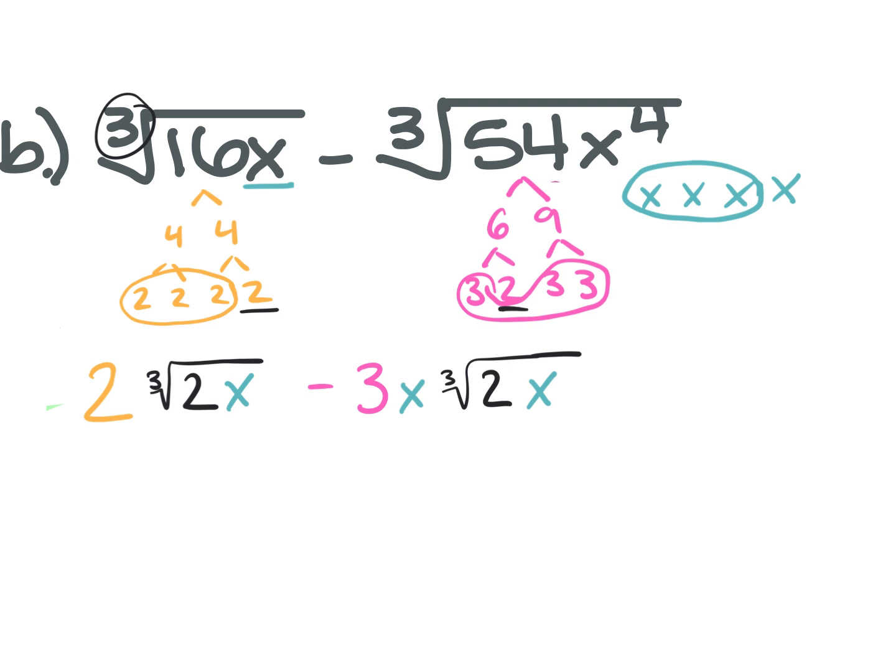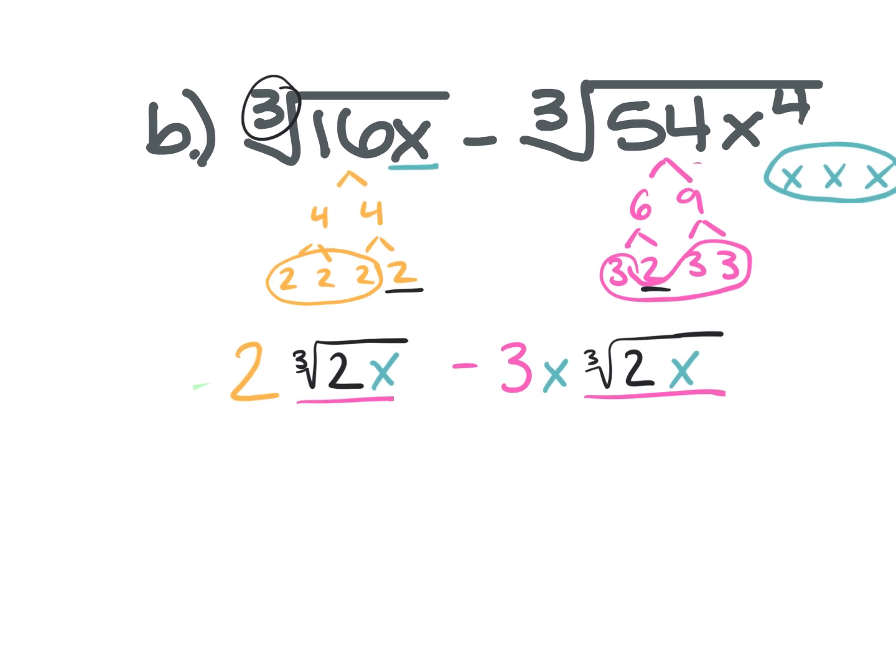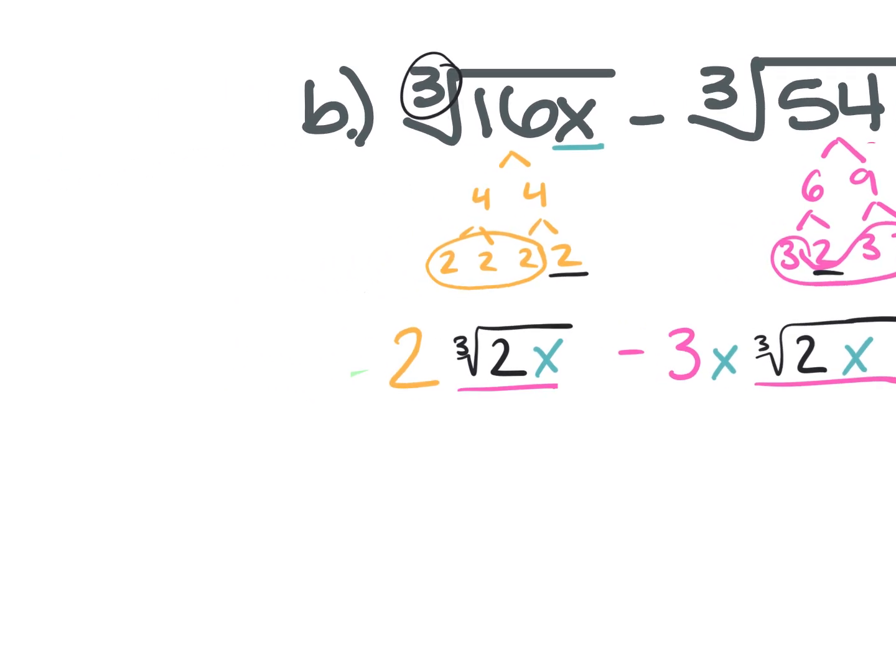All right, now we have the same things under the square root, but this one's a little tricky. Can we add these together? Why not? They don't have the same amount of x's. If this didn't even have the square root, could I add 2 minus 3x? Can I add these or subtract them together?